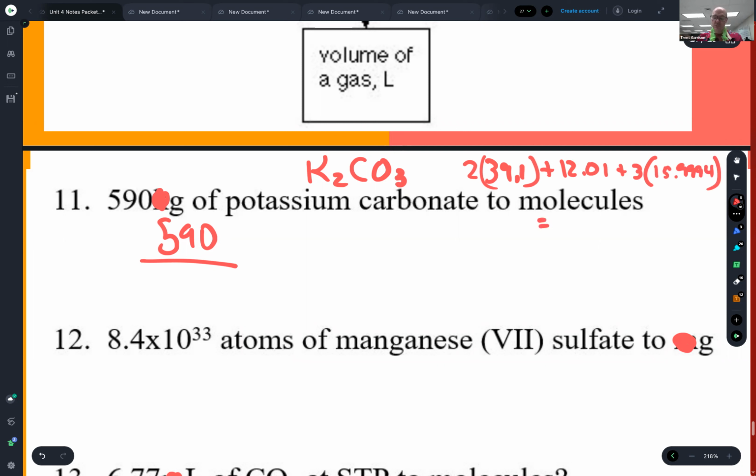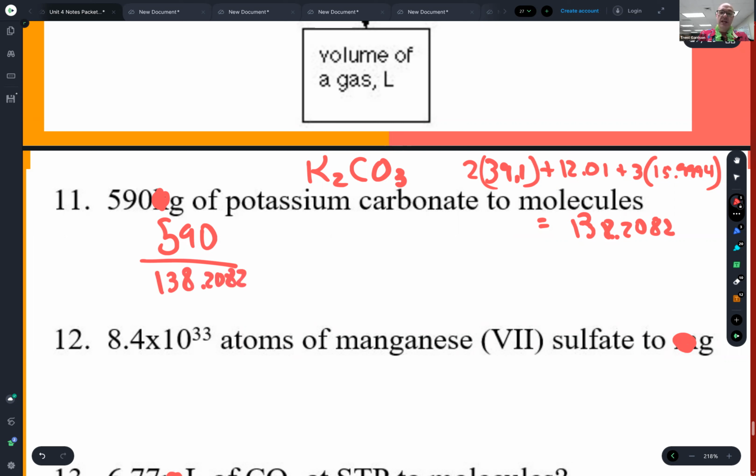So I'm going to go ahead and multiply 39.1 times 2 plus 12.01 plus 3 times 15.9994. And you get 138.2082. And we'll keep all of our numbers until the very last step. So don't use any sig figs until the last step.